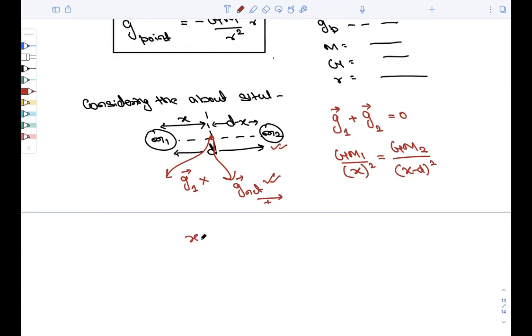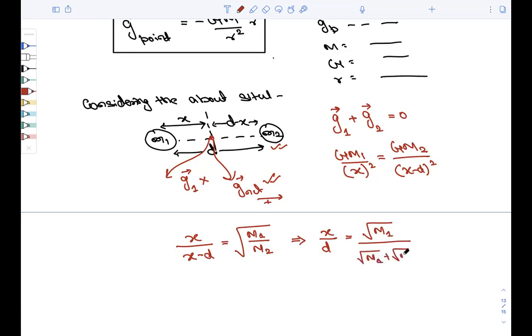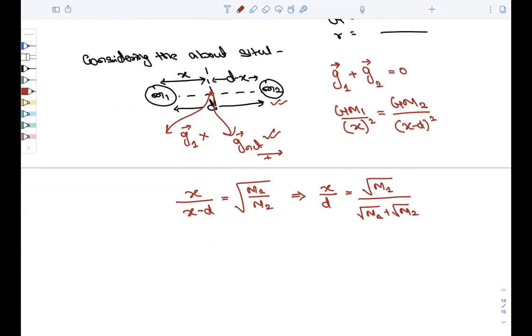So from here, x by x minus d can be written as root under m1 by m2. You know ratio and proportion, apply dividend, then x by d is equal to root under m1 by root under m1 plus root m2. Or simply from here you can write d.